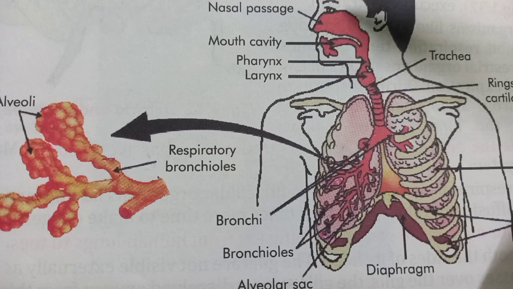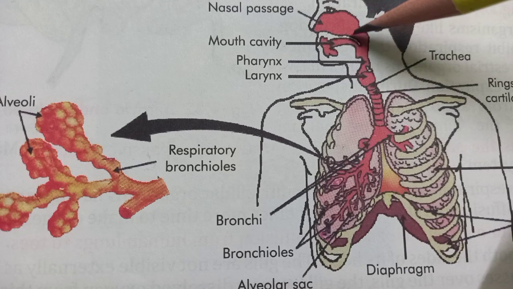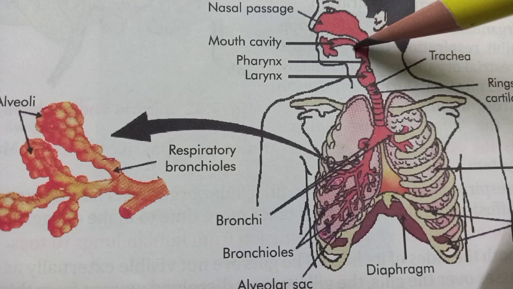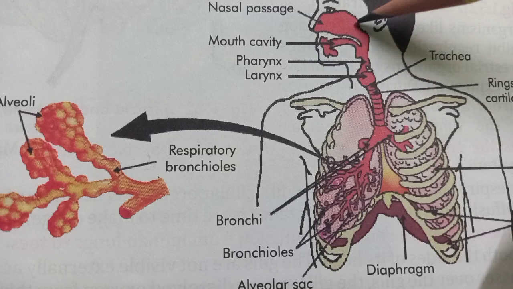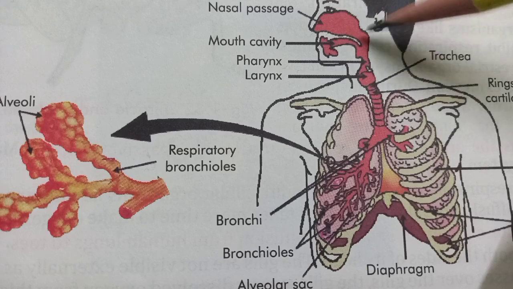Okay, these things are present in the nasal chamber. Now the function of the nasal chamber is that it does the work of filtration. It warms the air, it helps in cooling the air, it moistens the air, it sterilizes the air, and it helps in smelling.